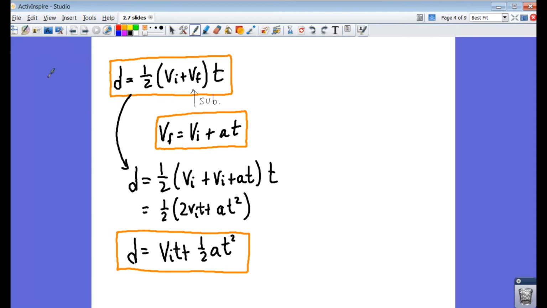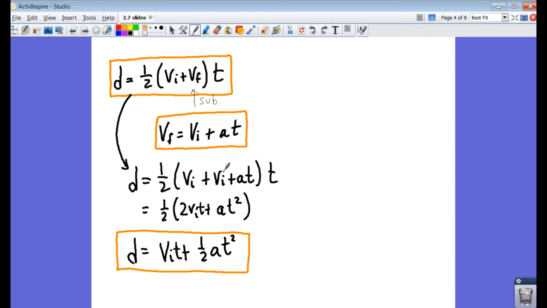All right, so let's use the first and second equations of motion that we just came up with to come up with a third equation of motion. So what we'll do is we'll take our first equation and substitute into the second equation where we see VF. We'll replace it with what it is equal to, VI plus AT.